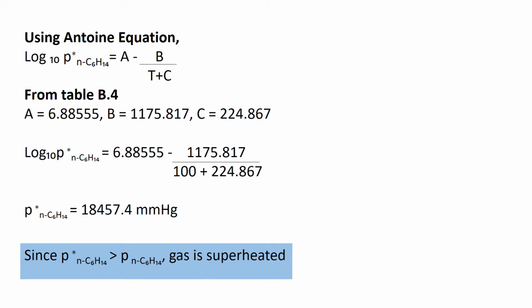So we substitute A, B, C into the equation, and we get the vapor pressure of N-hexane equals 18457.4 millimeter mercury. Since the vapor pressure of the N-hexane is greater than the partial pressure of the N-hexane, the gas is superheated.